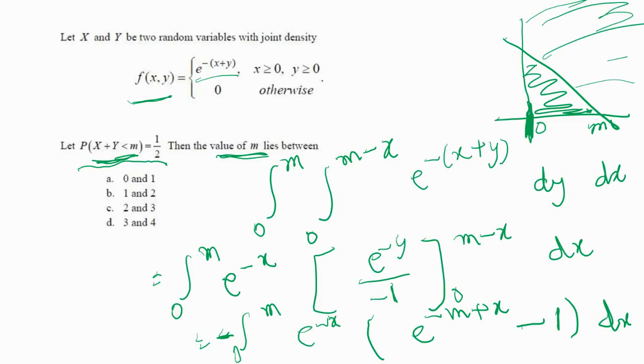Now we will multiply e to the power minus x with e to the power minus m plus x.